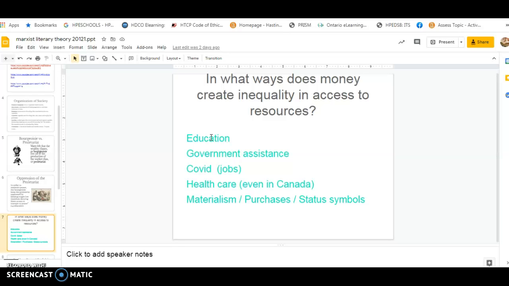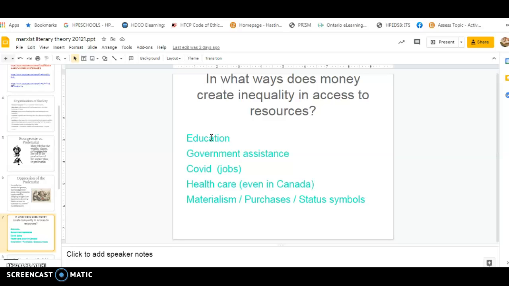So when we look at education, there is a reason why the cycle of poverty exists, and it's because if your parents are living in poverty or you are living in poverty, it is very, very difficult to come up with the money to go to post-secondary education. There are loans that you could get, but the problem is that now you're in a perpetual state of owing money.